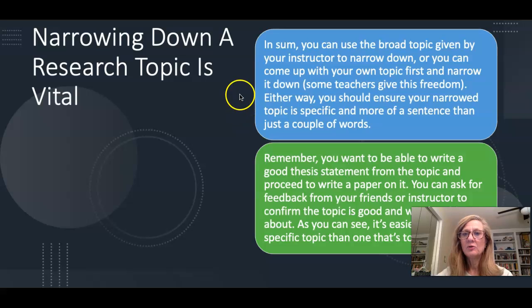So in sum, you can take the broad topic. In other words, in this case, your broad topic is you had to come up with a social issue, and that's hugely broad, and you want to narrow it down so specific that you are looking at a small group.